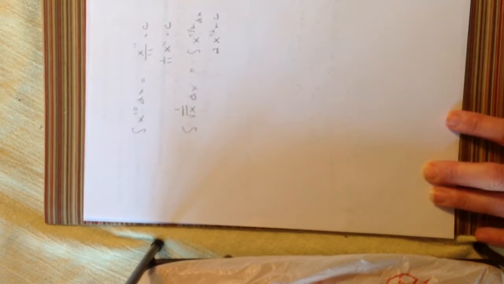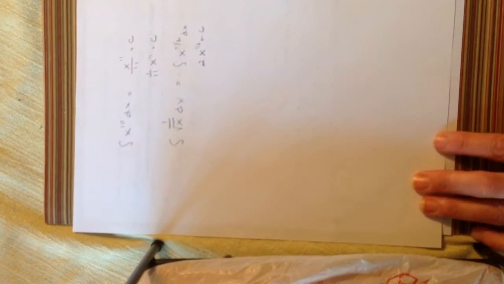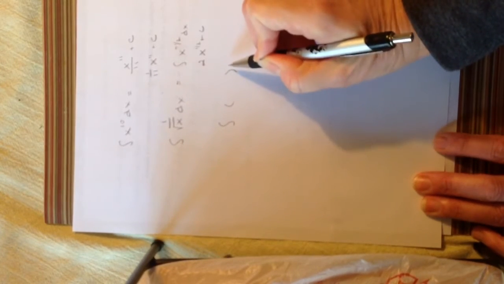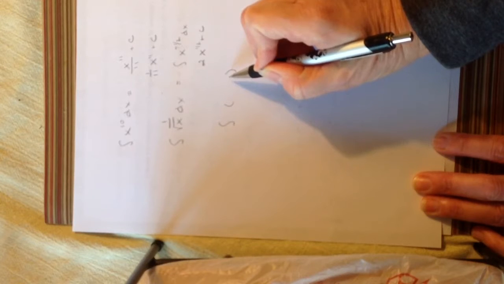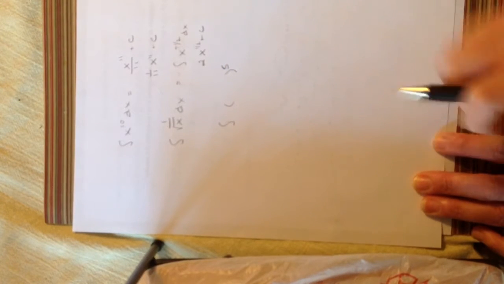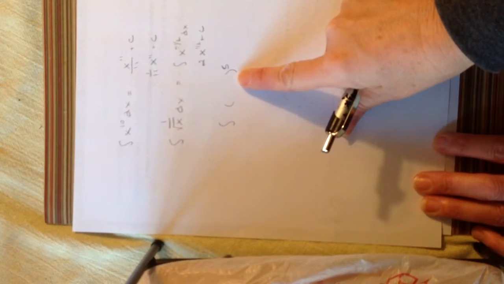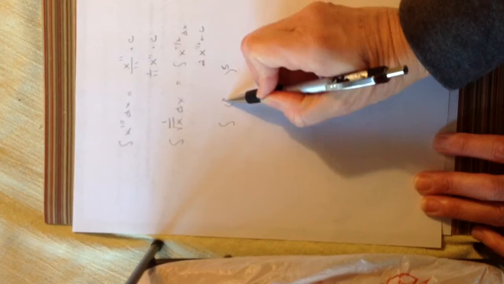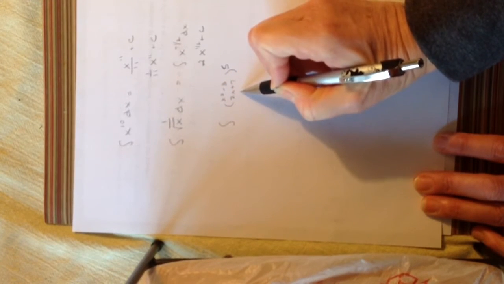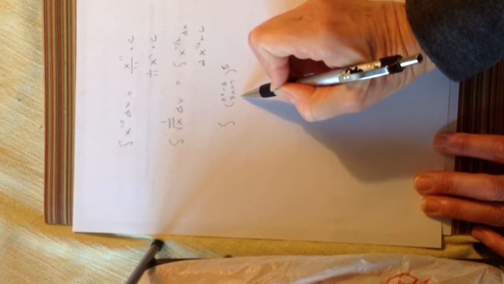But what we're going to talk about today is what to do if what's inside the parentheses, or basically what is raised to the power, let's say a 5, isn't just x. It's a function of x. So it could be x squared minus 3, or 2x plus 7, or any number of functions of x.